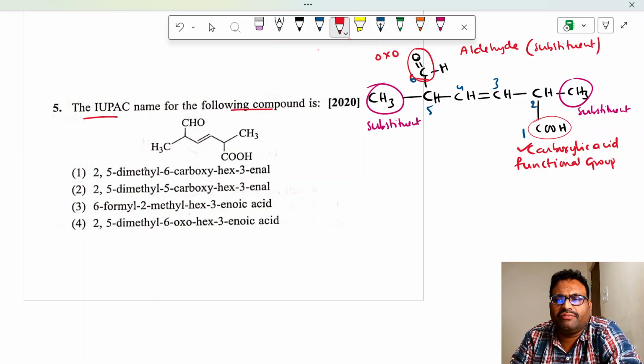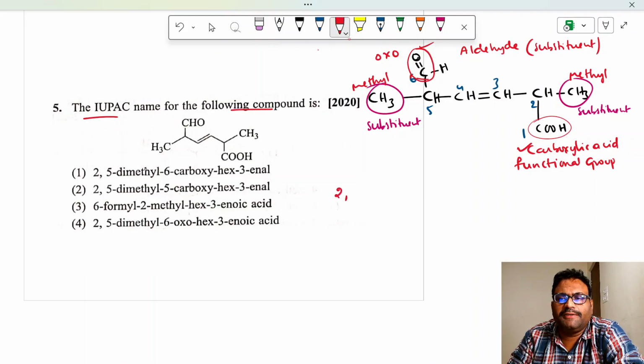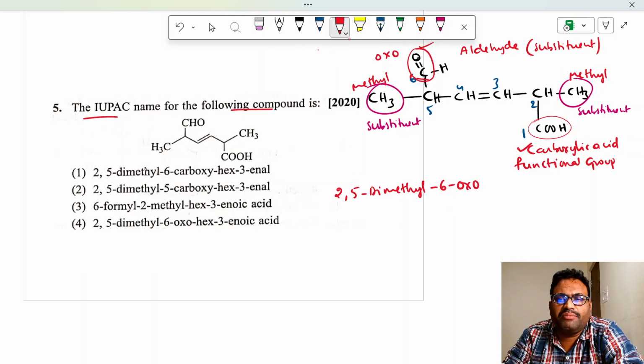Now write the name. Two types of substituents are there. One is methyl, and this is also methyl, and this is oxo. Among methyl and oxo, in alphabetical order, which comes first? Methyl comes first, M comes first. So I can write it as 2,5-dimethyl, right? 6-oxo. At the 6th carbon atom, you have double bond O, which is written as oxo.